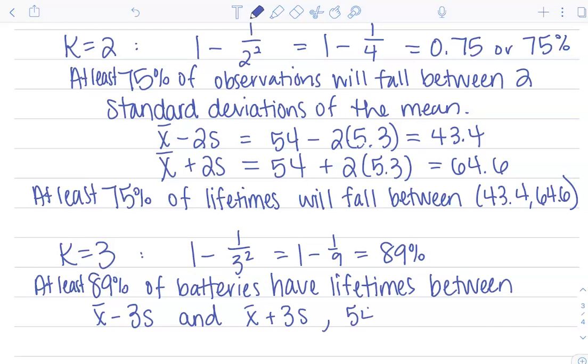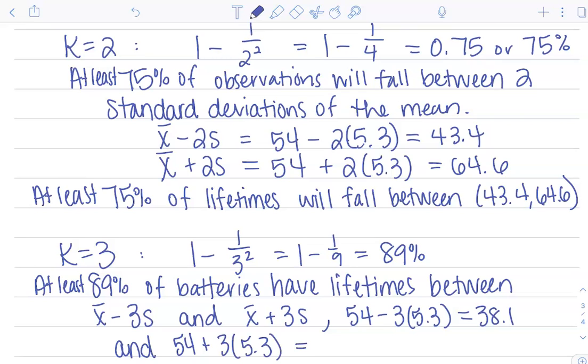So we have 54 minus 3 times 5.3, which is 38.1, and 54 plus 3 times 5.3, and that gives us 69.9. So now 89% of our batteries we know will last between 38 and 69.9 months.